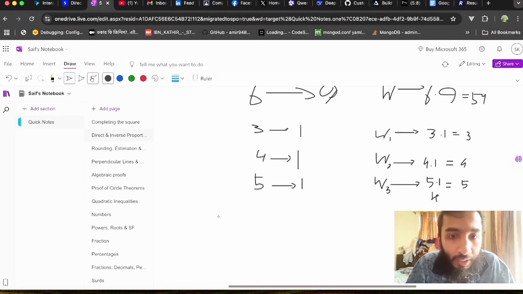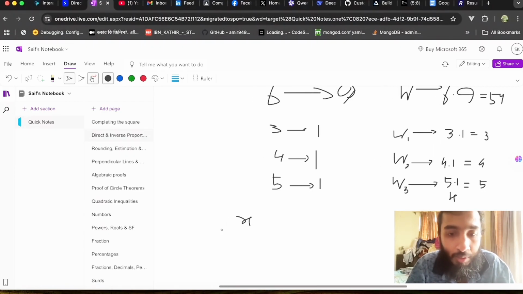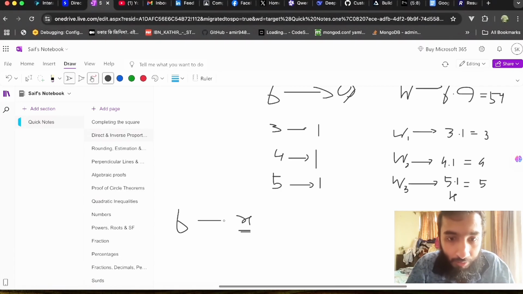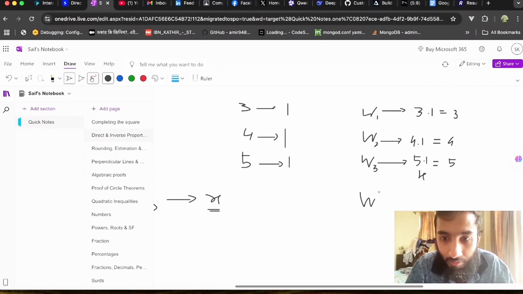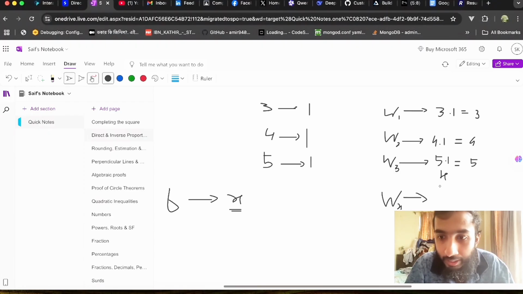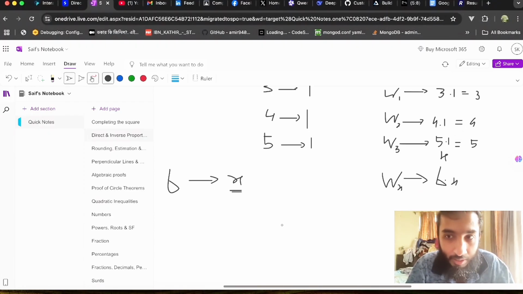And for the rest of the days, let's say it takes x days, all the 6 machines are working for x number of days. So the total work done for the rest of the days is 6 multiplied by x, which is 6x machine days.